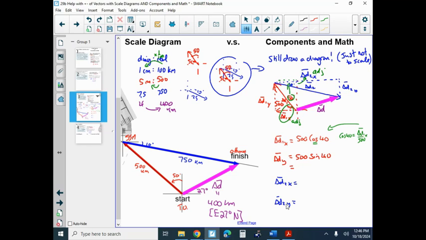I just want to make sure you know it's not always cos for x. It happens to be in this case the way I've done it. Delta d2 x component. We're looking at adjacent to the 10, and so it's going to be the 750 times cos of 10, and the other one would be 750 sine of 10. Based on the same kind of logic, right?